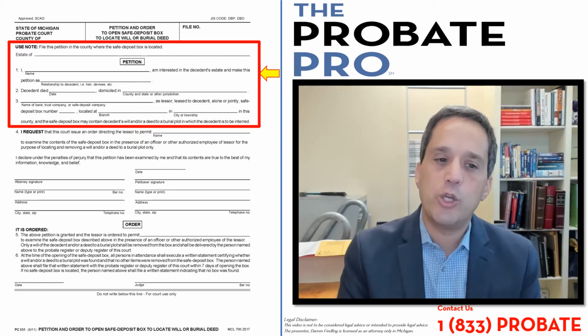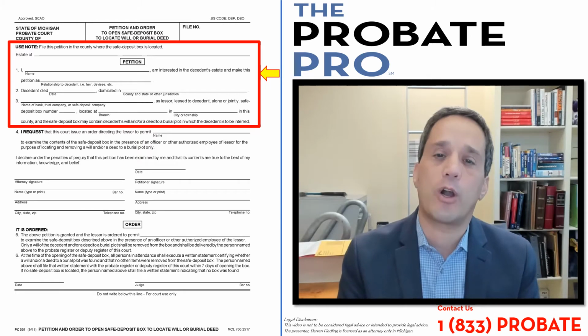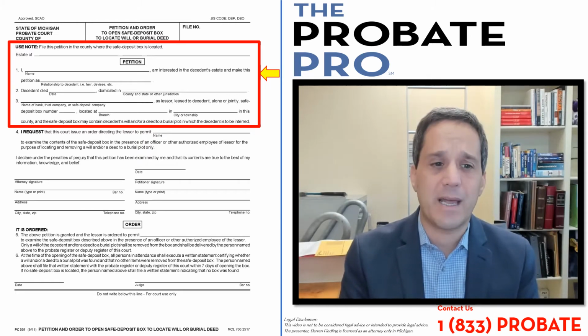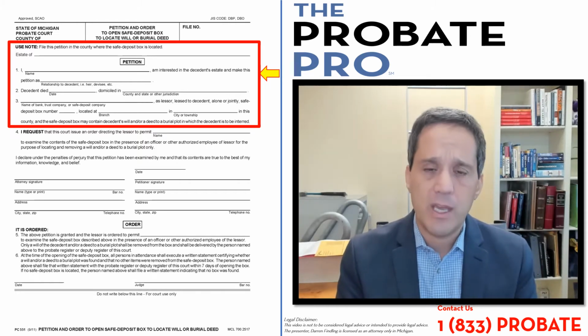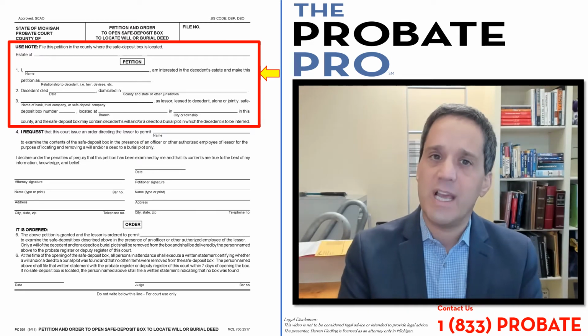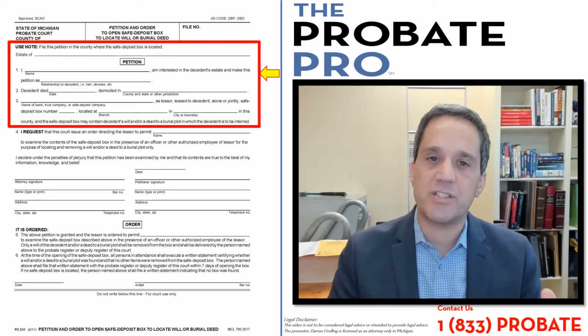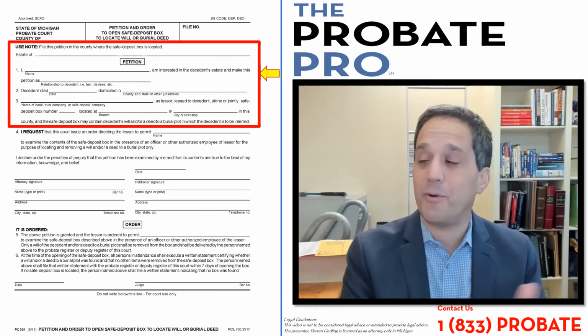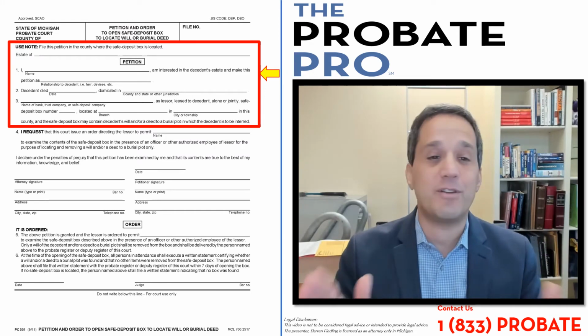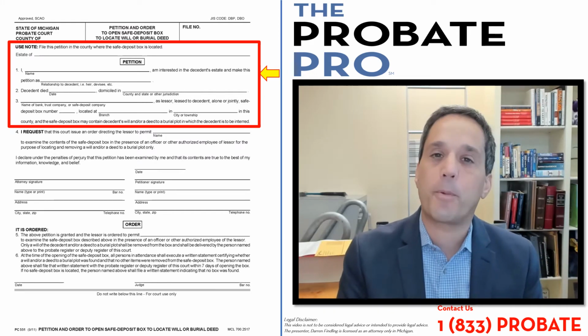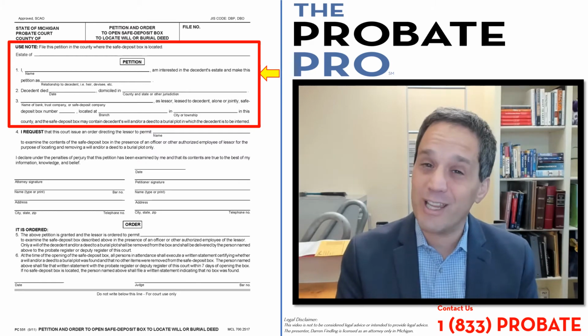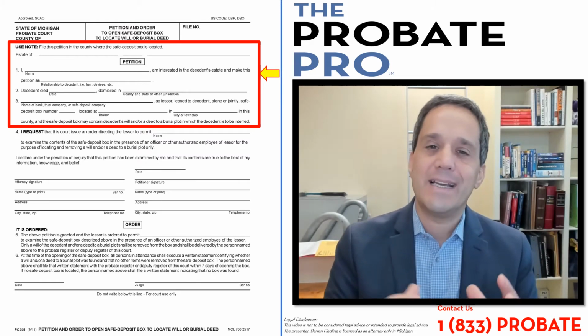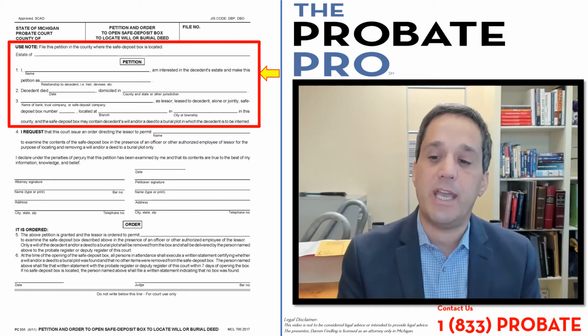But nonetheless, you identify it, as well as if you are aware of the deposit box number and the branch and location. And the reason this is relevant, of course, is if they had multiple branches and you're searching for one in Wayne County and another in Oakland County, you have to do 2 different forms for purposes of that search. Really frustrating. So this has some limitation in its application.